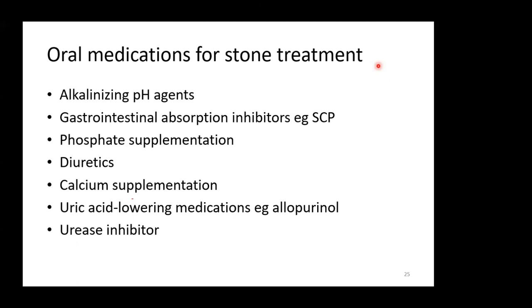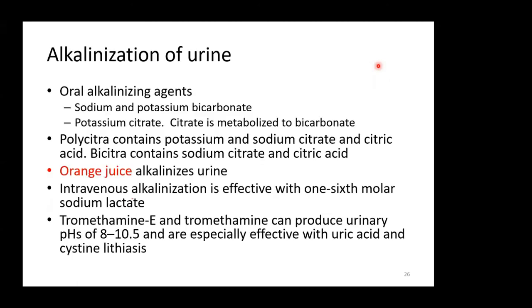And then of course we have urease inhibitors for the infection stones. For alkalinization, we have sodium or potassium bicarbonate, and we also have potassium citrate. Of course, the citrate is metabolized to bicarbonate and therefore achieves what you want.